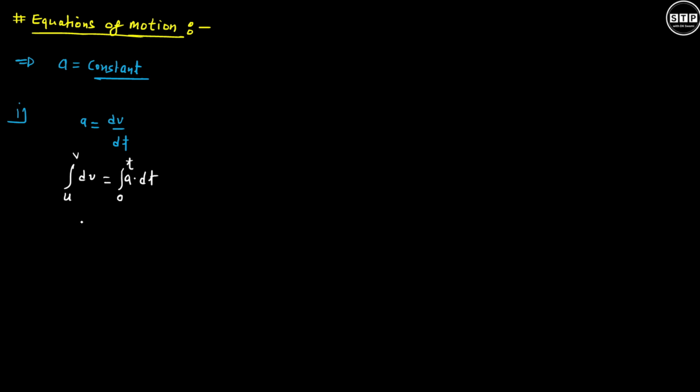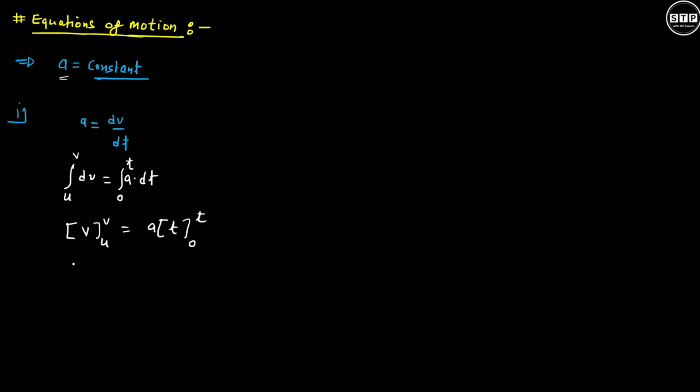Now if we integrate dv, we get v with limits u to v, and a is a constant value because we have taken acceleration as constant. The integration of dt will be t, so a multiplied by t, with lower limit 0 and upper limit t.